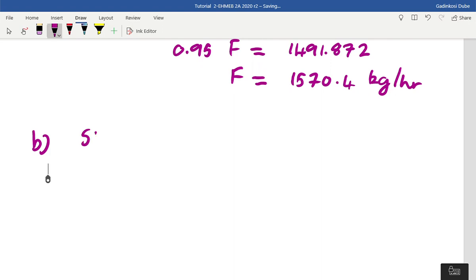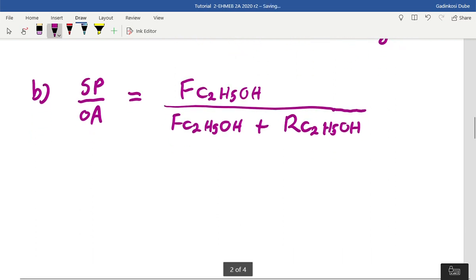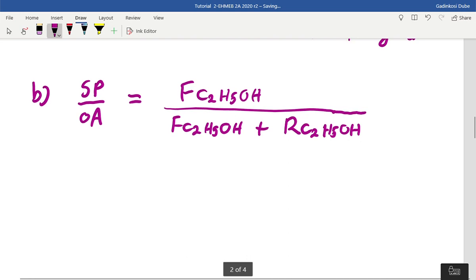You just employ this correlation: single pass conversion divided by the overall conversion equals the fresh feed of that particular component of utmost importance, in this case ethanol, divided by the fresh feed of that component plus the recycle of the component of utmost importance, which is ethanol. It's our main component in the feed stream. That's the one we use to measure the conversion, hence we say it's a component of utmost importance.